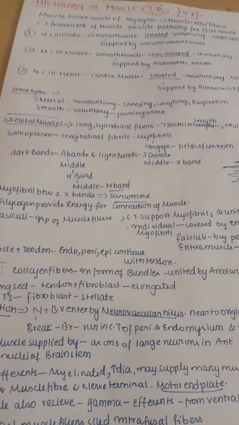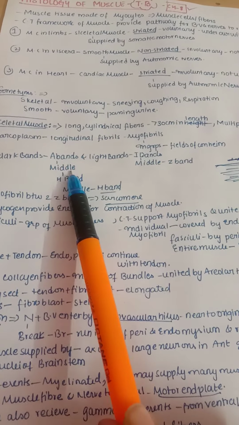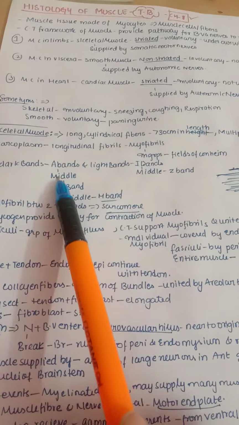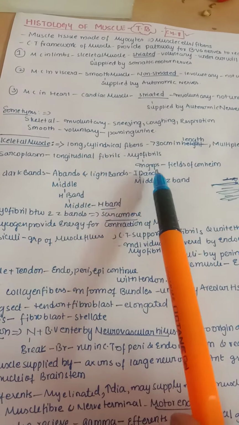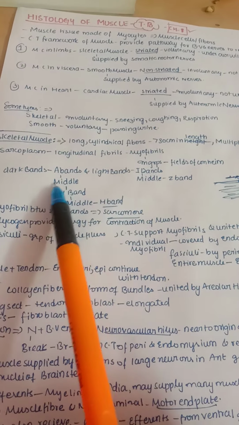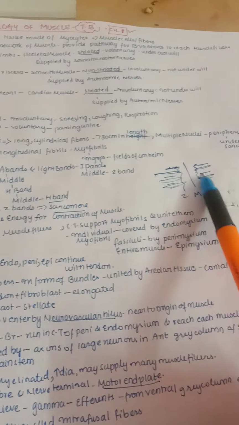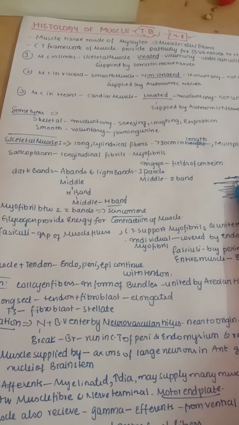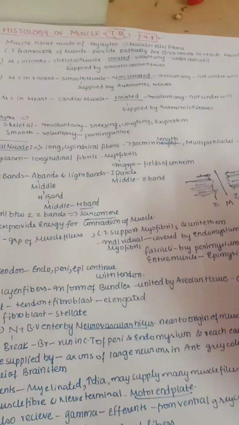So let us see here. The dark bands are the A bands and the light bands are the I bands. I means isotropic, A means anisotropic. So the A bands, that is our dark bands, are having a middle H band. So these are the dark bands.